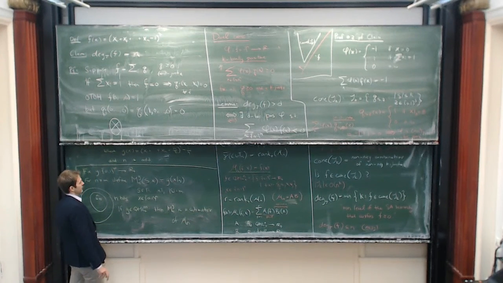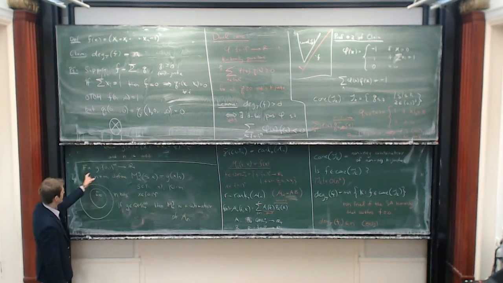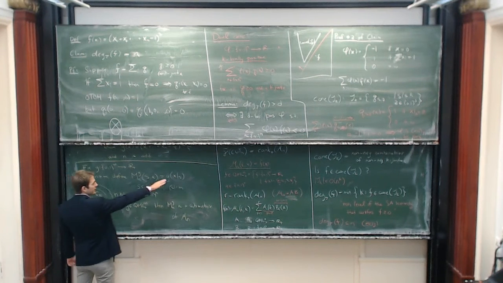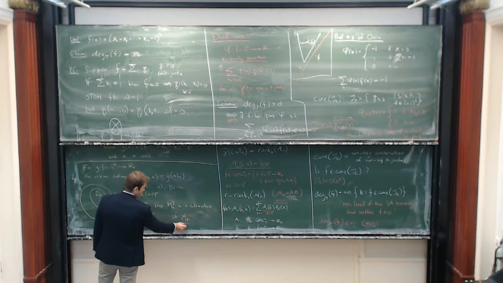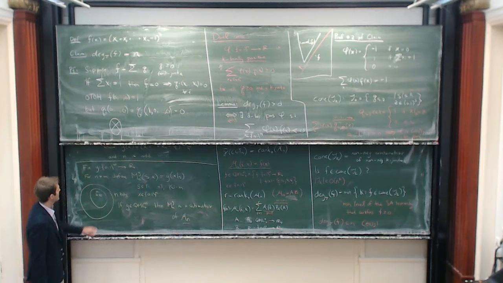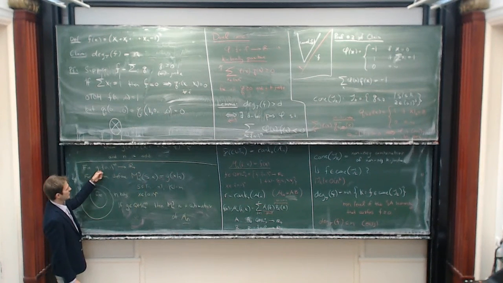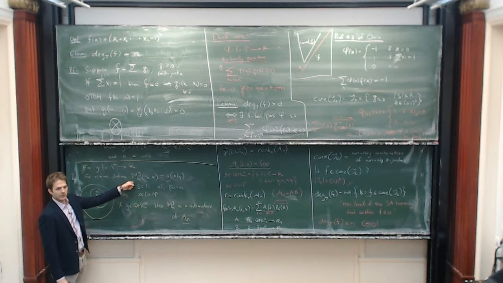So the point is that this is the setup. We start with some g, define this matrix. If g is quadratic, this matrix is a submatrix of the matrix we care about. And then the claim is going to be that if the junta degree of g is large, then the non-negative rank of M is large.